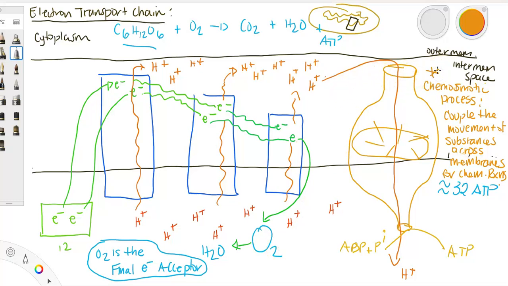So that's the chemiosmotic process, and that's what's happening here. The hydrogens are moving across this membrane and creating ATP from ADP.